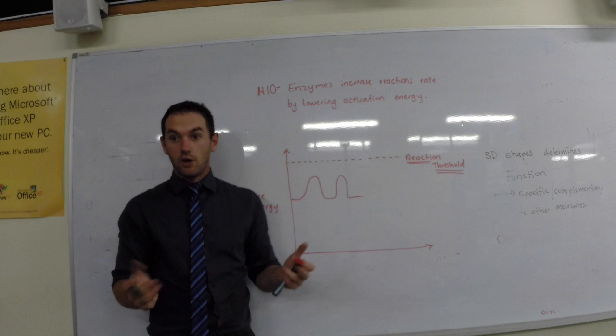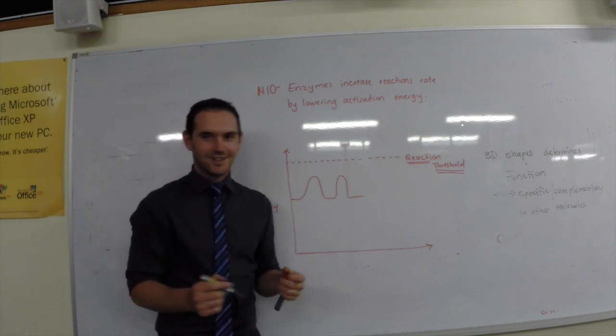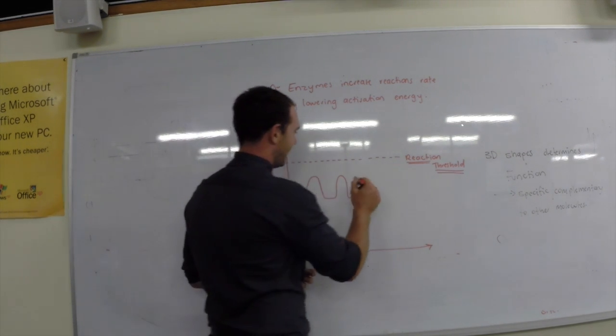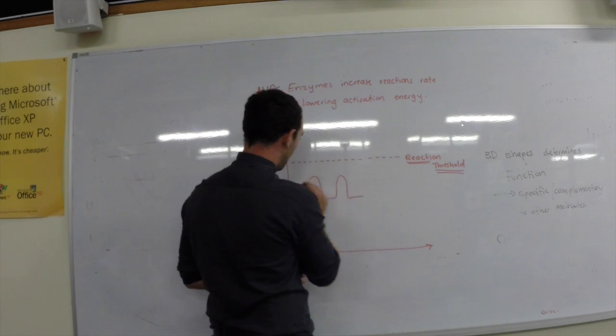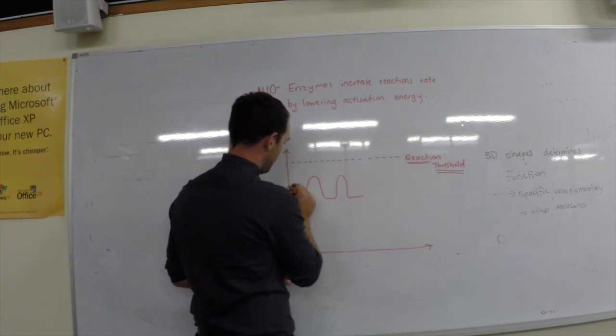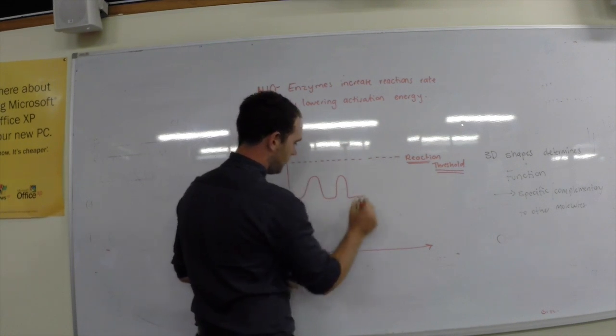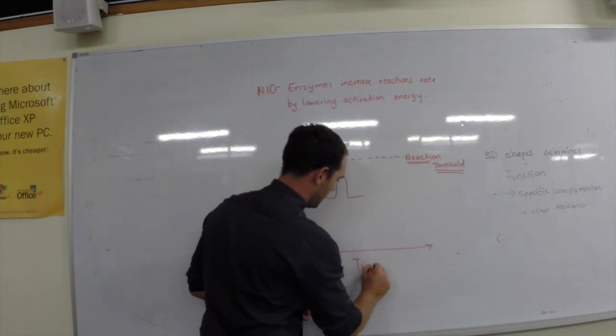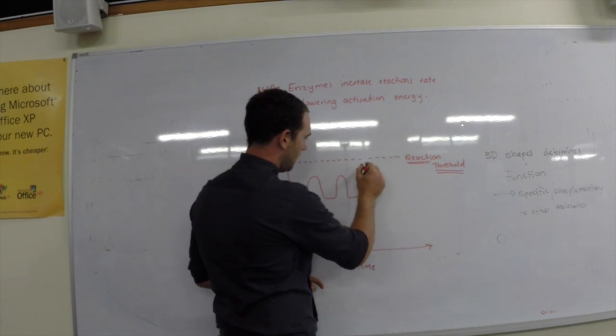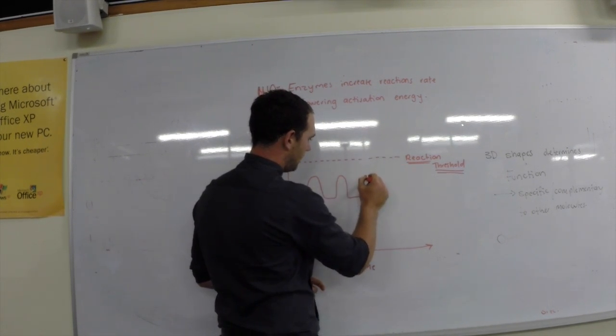Lowering the threshold. Lowering the threshold, excellent, Nick. Great job. We learned this yesterday. Okay, so we actually lower the threshold. So let's say it's from this position, we'll call that time. From this position here, we've added our enzyme.